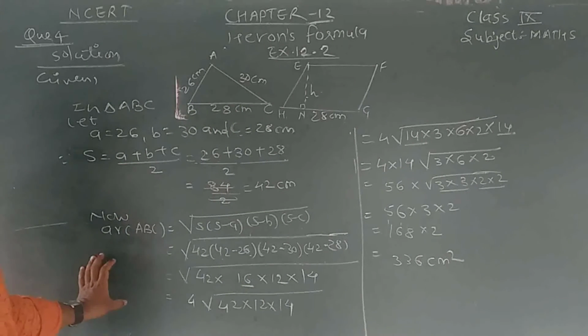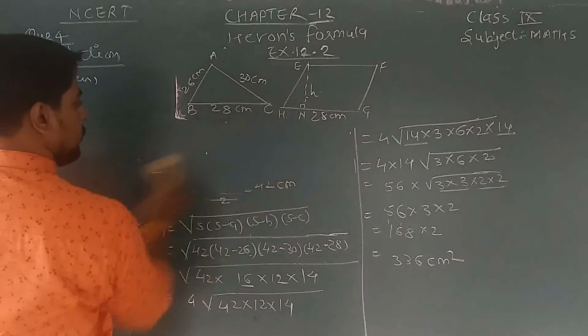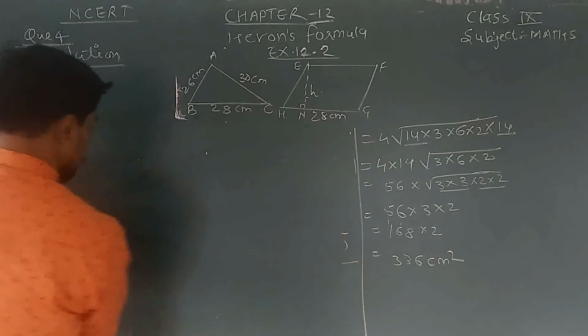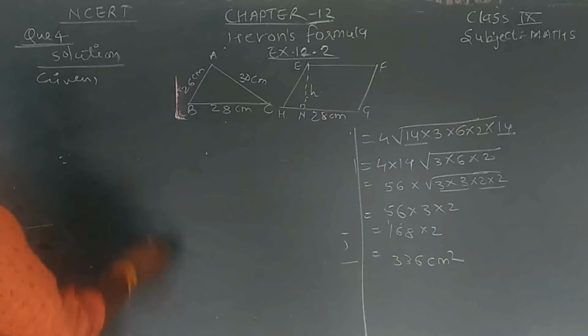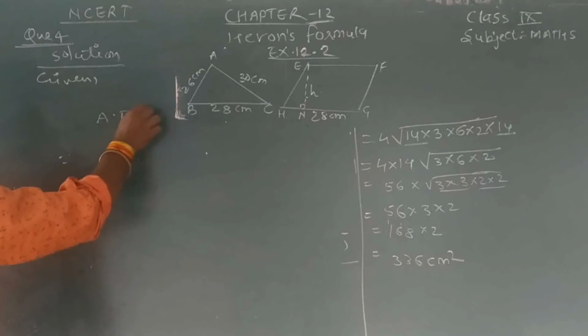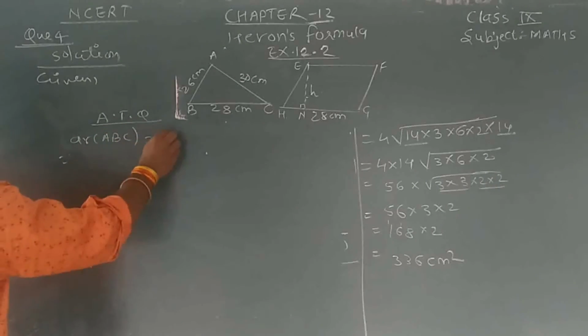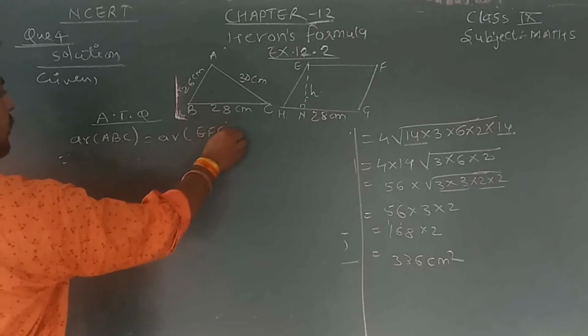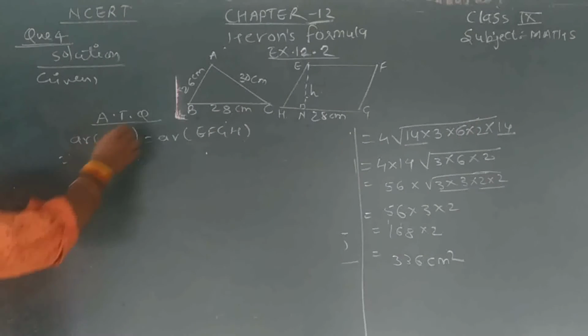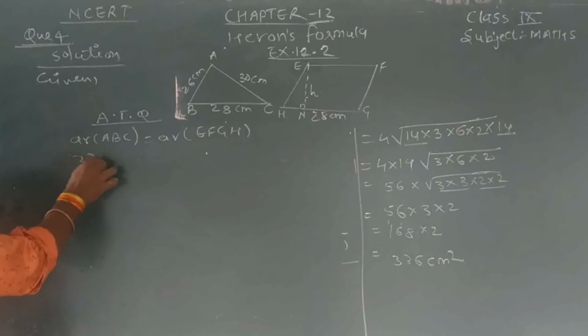According to the question, area of triangle ABC is equal to area of EFGH. This area of the triangle is 336.